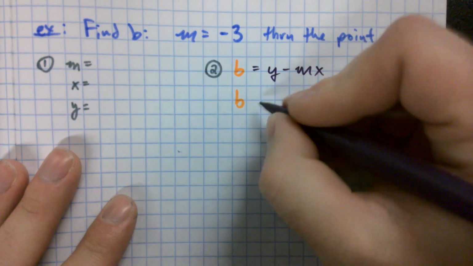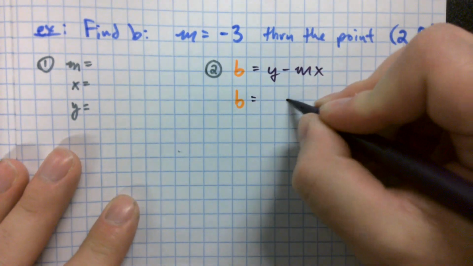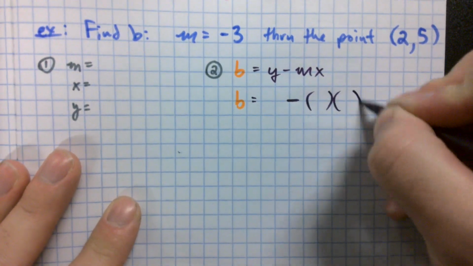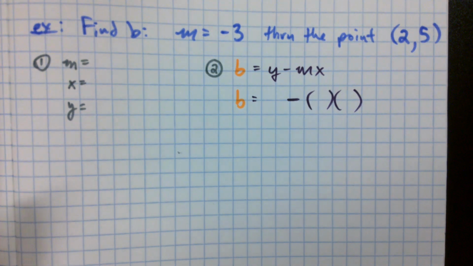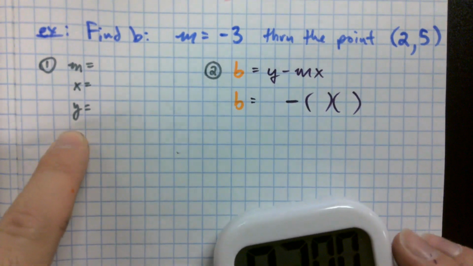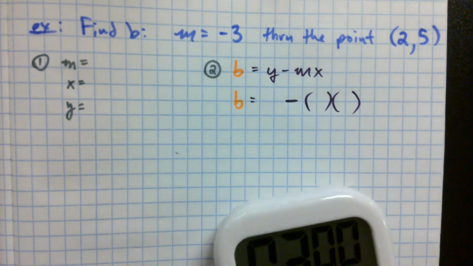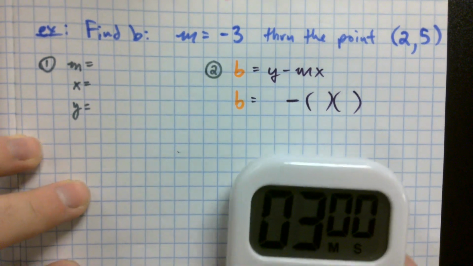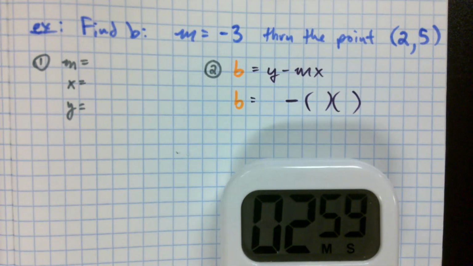So b is equal to something minus something times something. And then we'll solve from there. So we'll take another 3 minutes with your partner or someone in your group, work through this one, see if you can get it all on your own. I'll be coming around to answer any questions and see how you guys are doing. All right, 3 minutes. Go ahead.